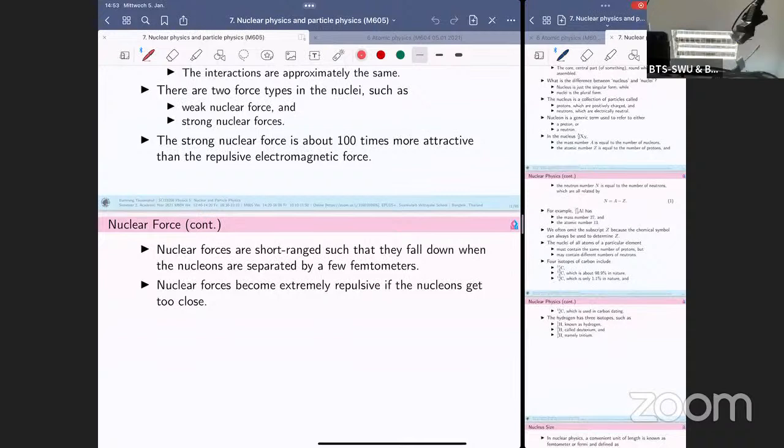If the elements in a pair are too close to each other, it's going to be extremely repulsive, a pushing force. So the neutron and proton will usually stay in a good condition.